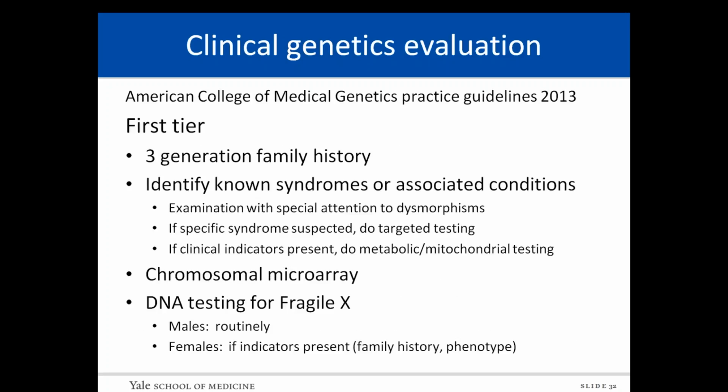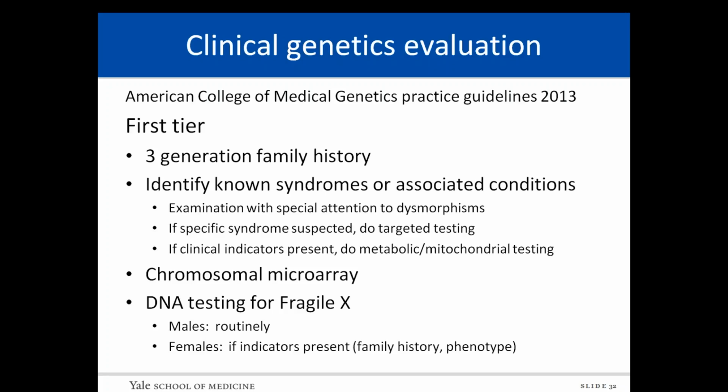So in the first tier, the ACMG recommends that all families have a 3-generation pedigree documented to try to help discover if there is something that's inherited or spontaneous, or de novo, I should say, in the family. To identify known syndromes or associated conditions with an examination with special attention to dysmorphisms.